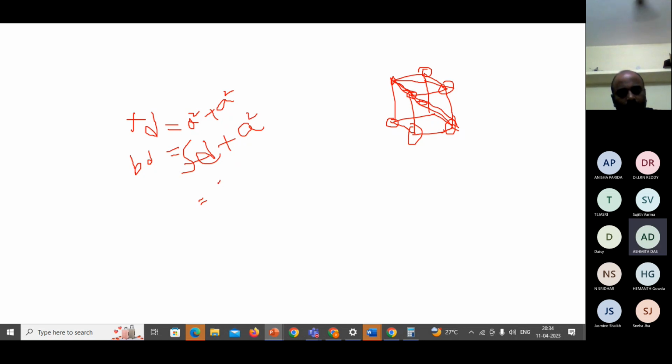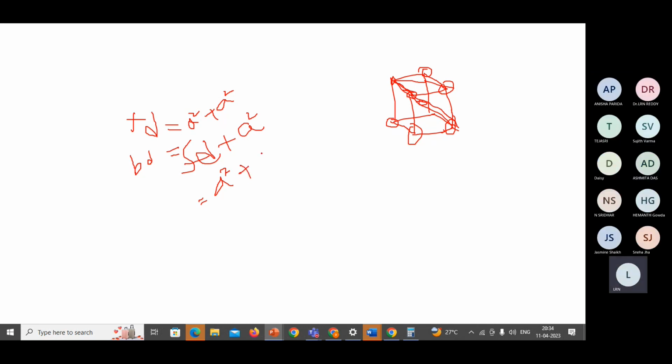We can write here a squared plus a squared plus a squared, so it comes as 3a squared. Is it clear to all why this a squared comes? Yes, ma'am. It's the face diagonal value, a squared plus a squared.